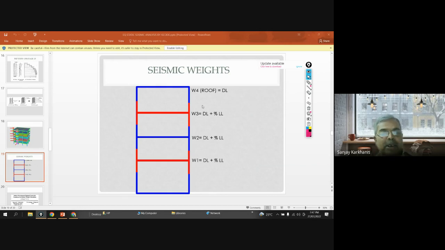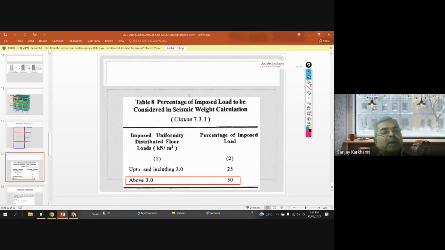and now that is given in 1893 like this. See, table number 8 of 1893, clause number 7.3.1 says that percentage of imposed load to be considered. It is saying that it is to be considered in seismic weight calculation, not in design.